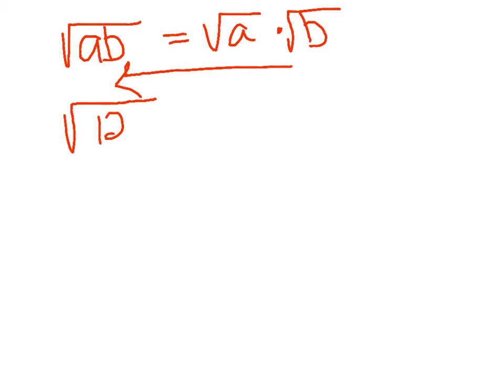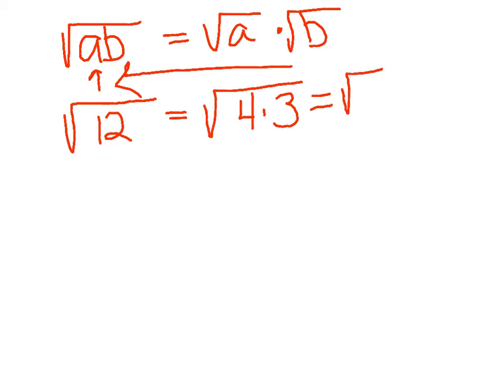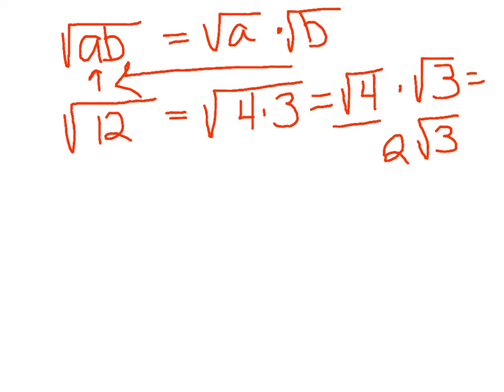If I have 12 here, it doesn't look like I have an a and b, but I know that 12 is 4 times 3. So I can break that up into the square root of 4 times the square root of 3. Well, I could further simplify square root of 4 into 2, and then times square root of 3. So that would be the simplified version of square root of 12.